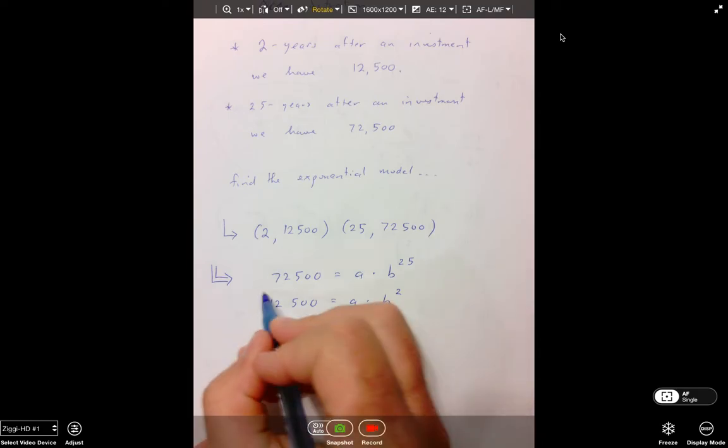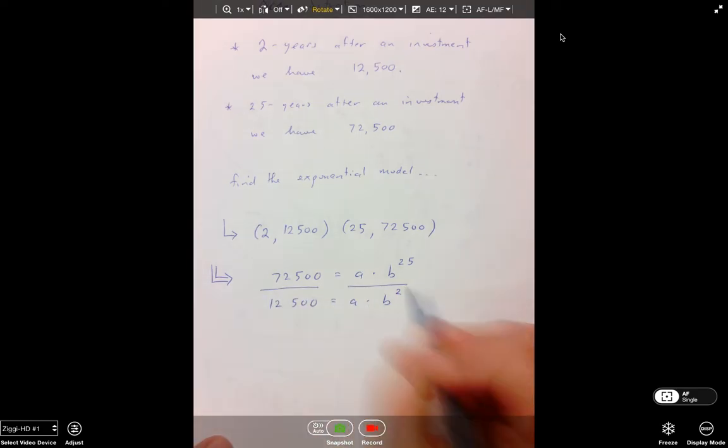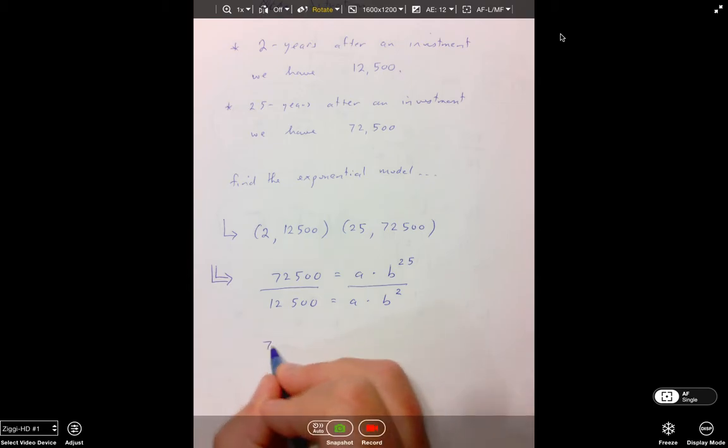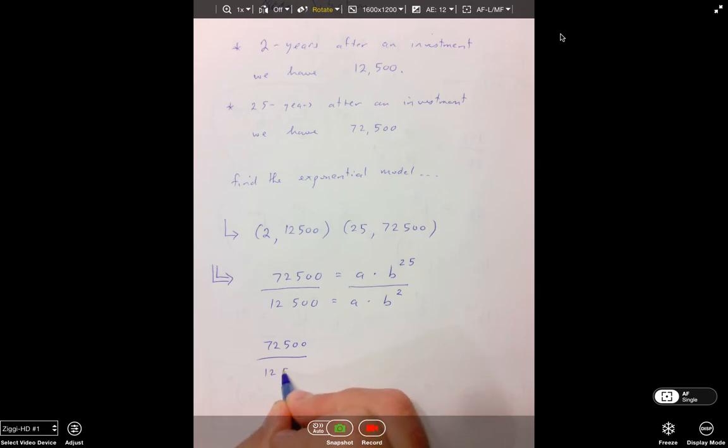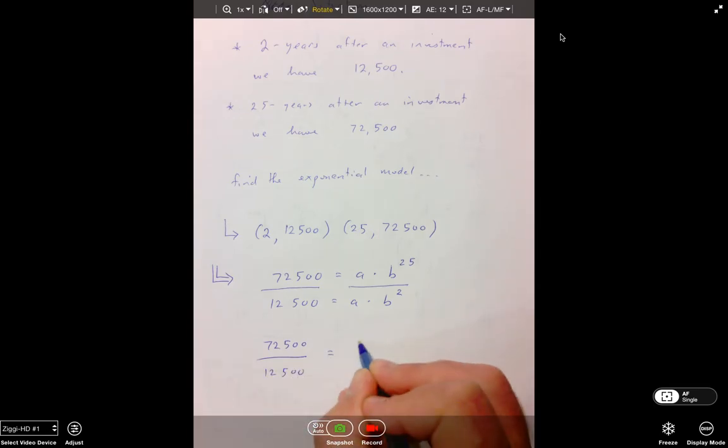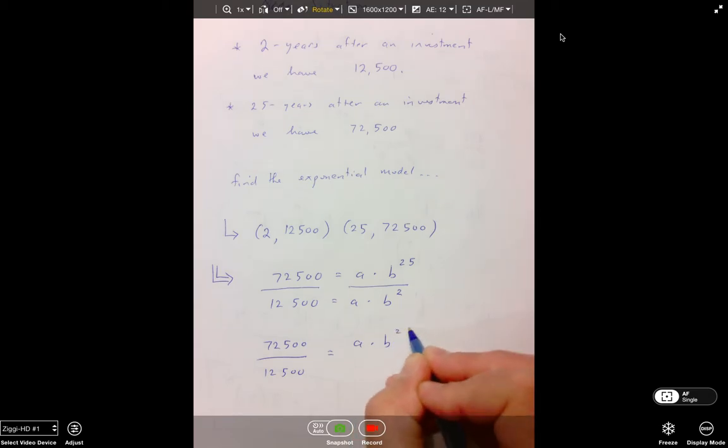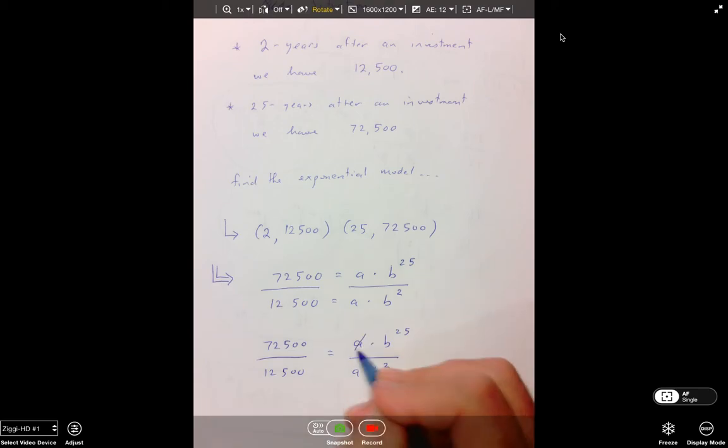Darbro next told you to divide both sides to create this. The A's will cancel. 72,500 divided by 12,500 gives me 5.8.